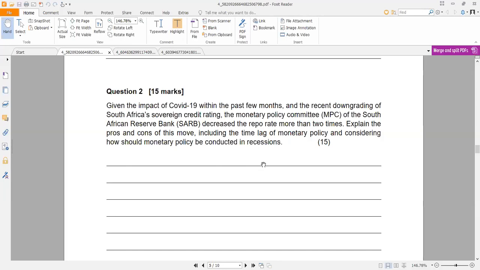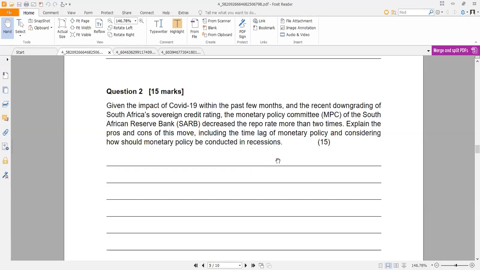And then the move, which was done by the SARB, right? Then you say that the SARB decreased the repo rate more than 2 times, which is a part and parcel of the expansionary monetary policy. That is what we know, that decrease in repo rate is an example of an expansionary monetary policy.